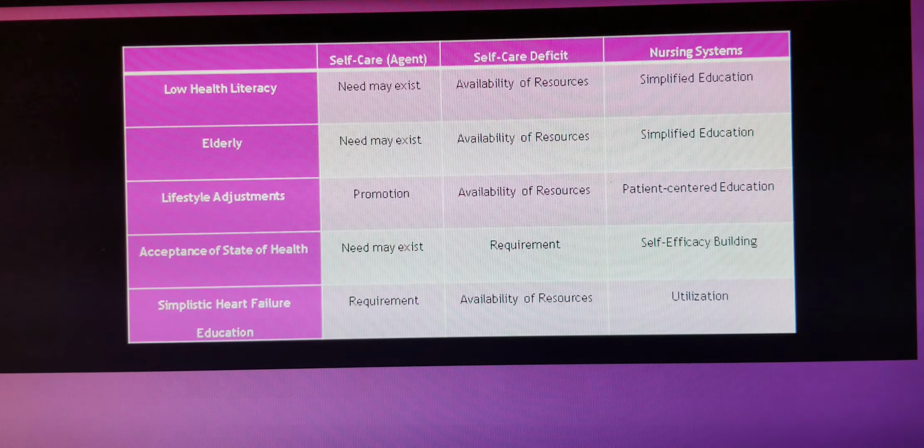Current discharge instructions consist of a rather detailed explanation of the disease process, the importance of adherence to medication, scheduled medical follow-ups, multiple lifestyle adjustments, as well as being aware of outpatient community resources.